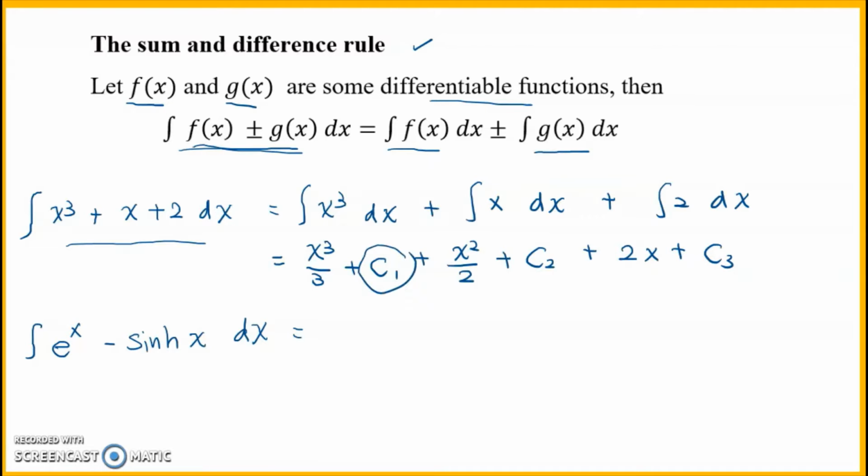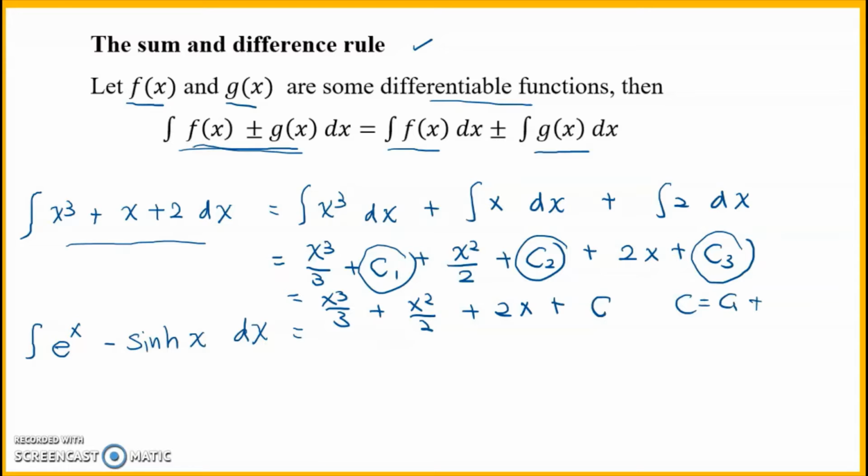So this c1, c2, c3 are actually constants. So I can write it as x cubed over 3 plus x squared over 2 plus 2x plus c, where this c is actually c1 plus c2 plus c3.